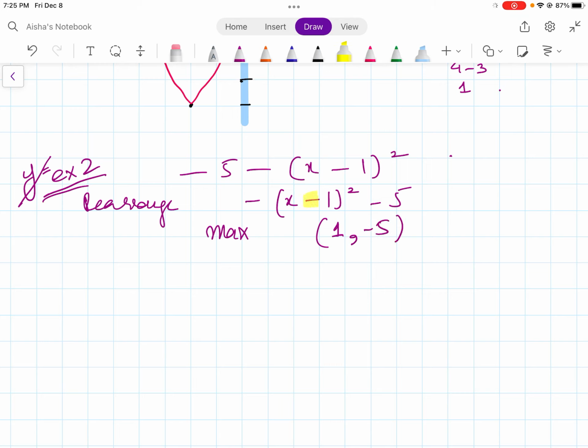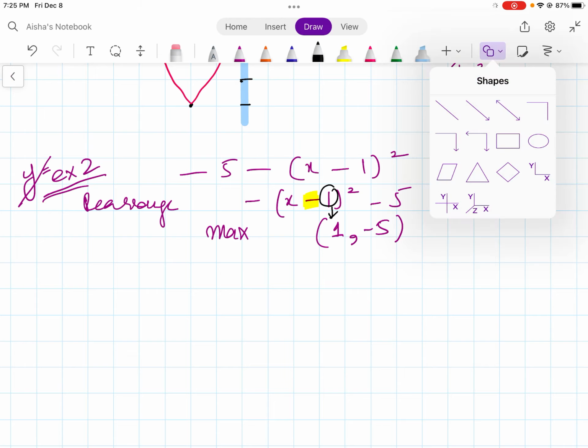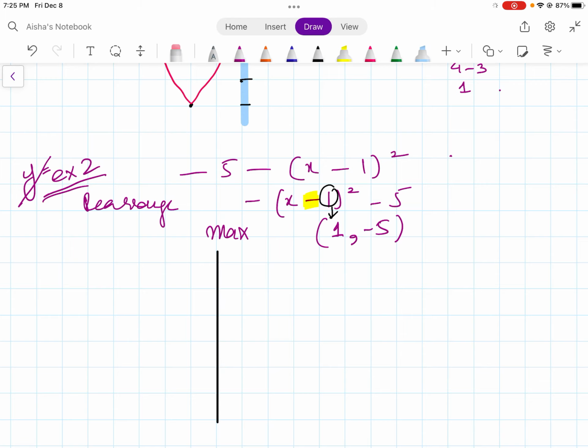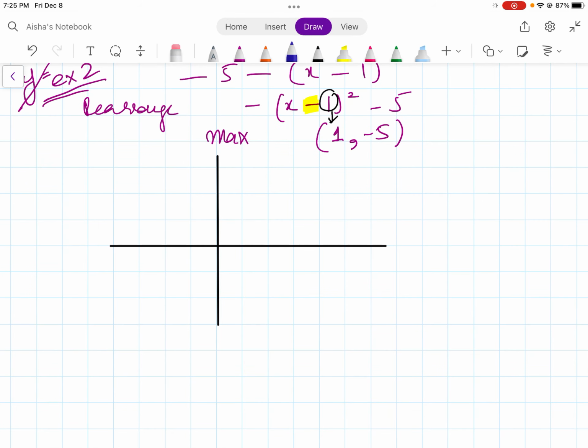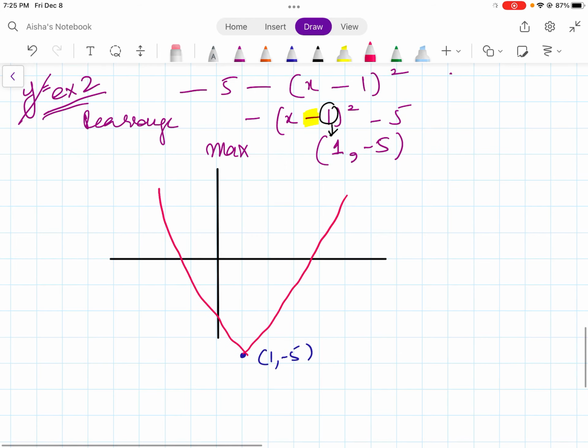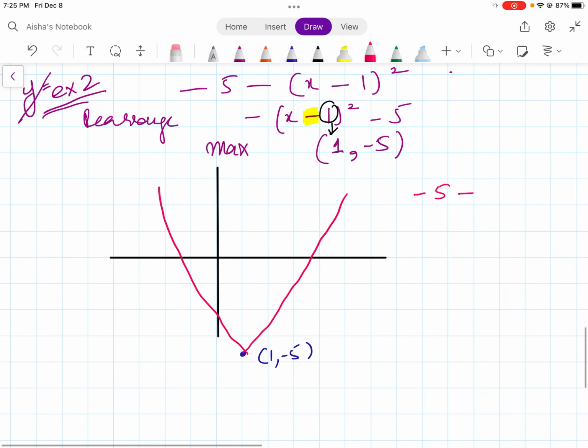Because there's a minus in between, so I will take a plus 1 value here. Now 1 comma minus 5 is going to be somewhere here. I've just randomly plotted it, okay? And the graph will go equally to the right and equally to the left. Now how do we find out the x and y intercept?